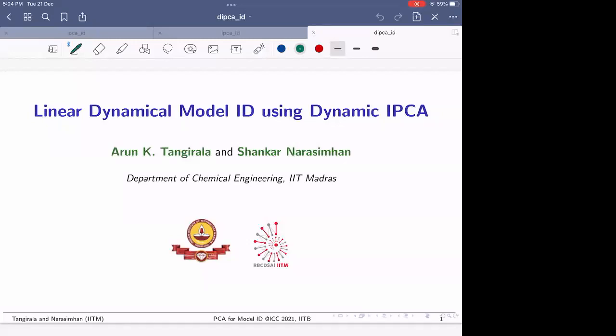Yesterday's talk and this morning's talk set the tone for the talk now, which is on identification of dynamic models. And since it's a dynamical system that we are going to look at, you will need a dynamic version of the iterative PCA to handle the situation.